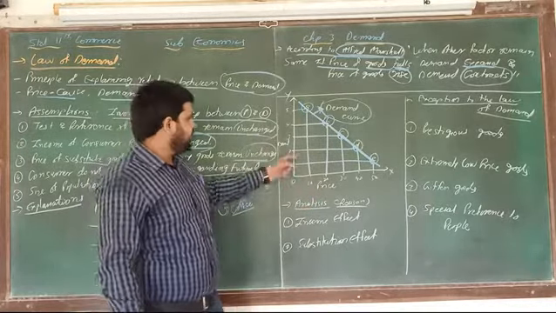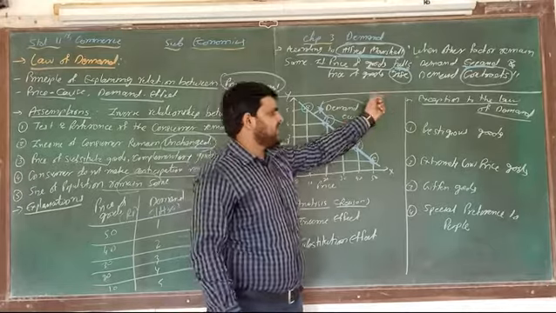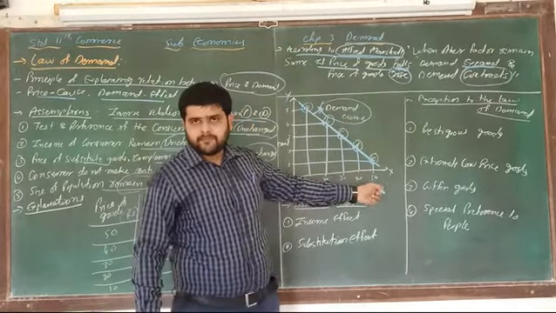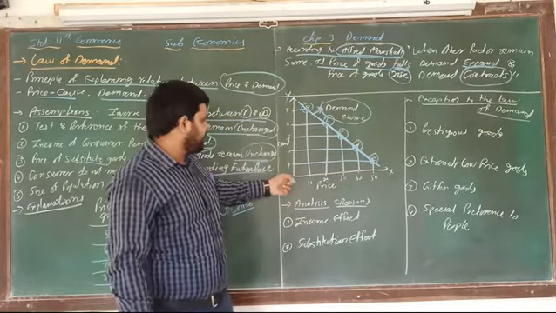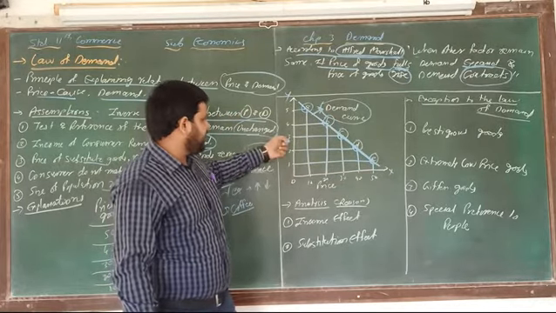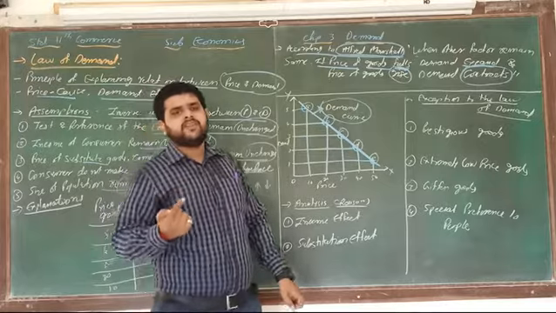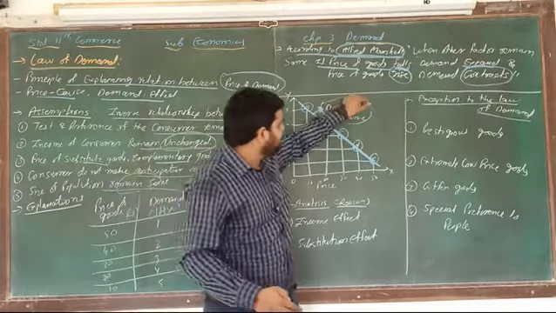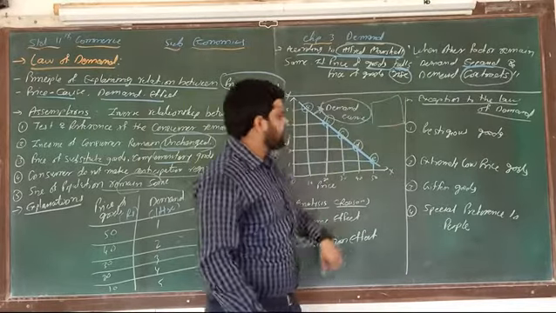Here you have to write that on the x-axis 1 unit or 1 centimeter is equal to 10 rupees of price, and on the y-axis 1 unit or 1 centimeter is equal to 1 unit of demand. You have to write that down in this particular space.